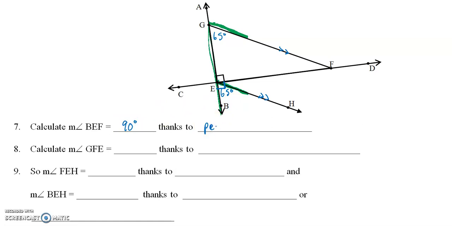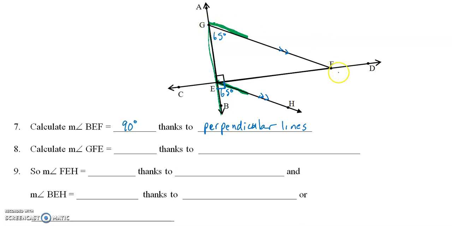Remember, all four of those angles, like four corners at an intersection, are going to be 90-degree angles all the time.